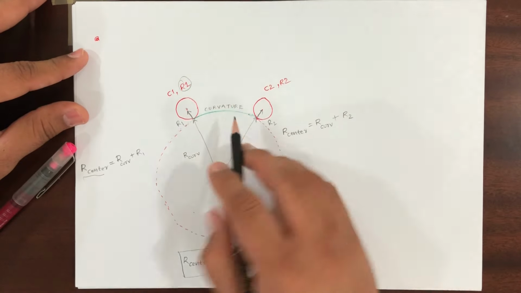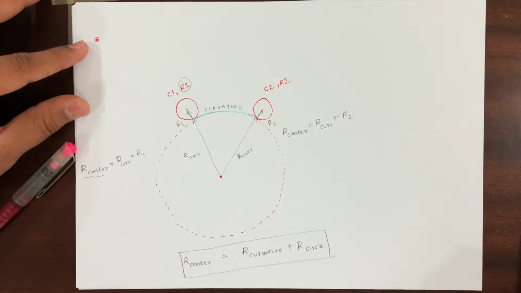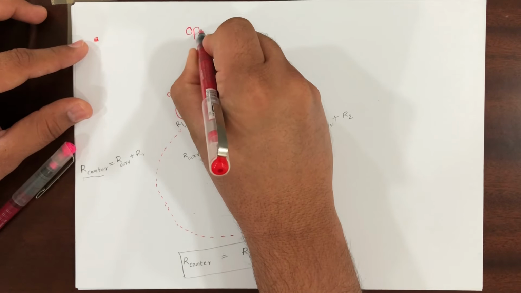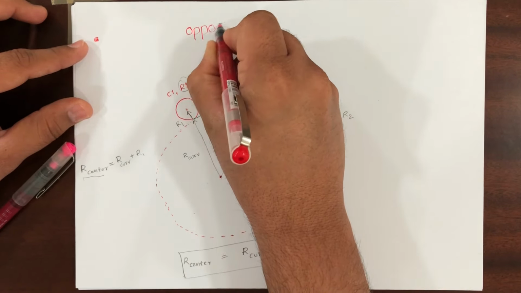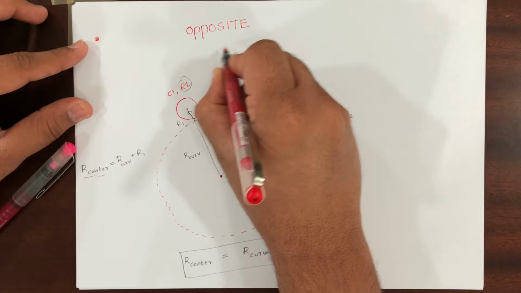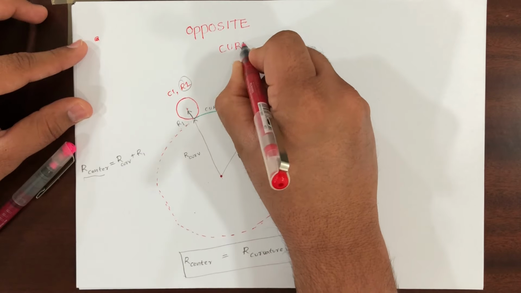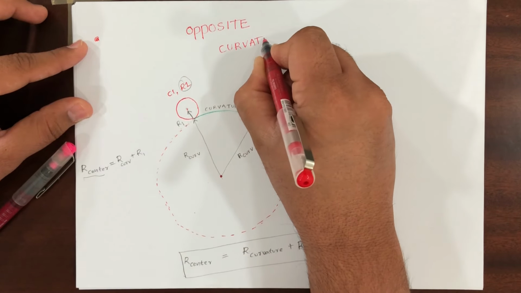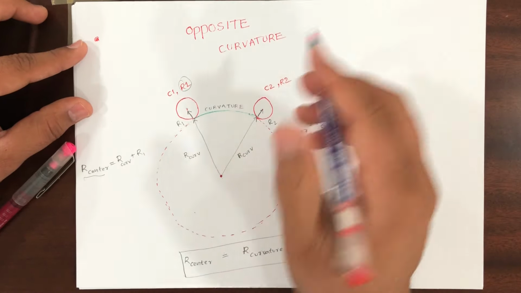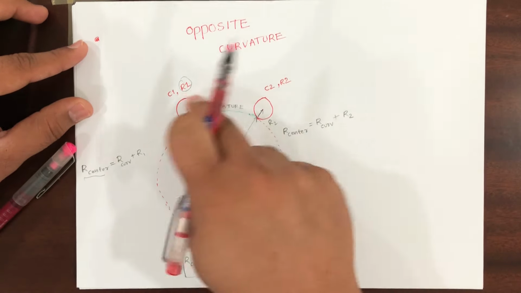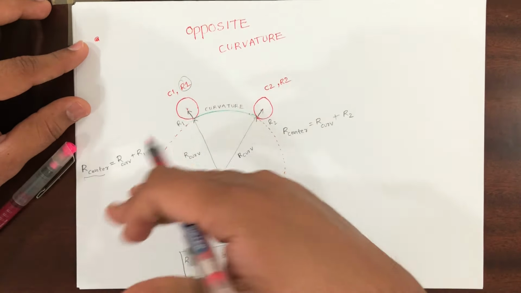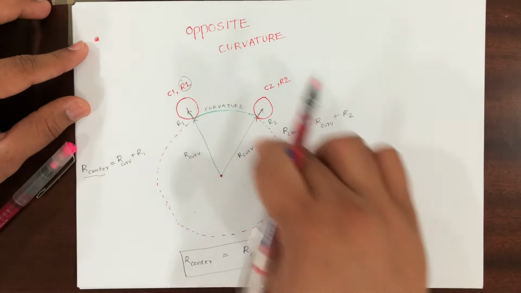That's why we call this opposite curvature. Why opposite? Because these two small circles lie opposite to the circle, outside of this main circle.